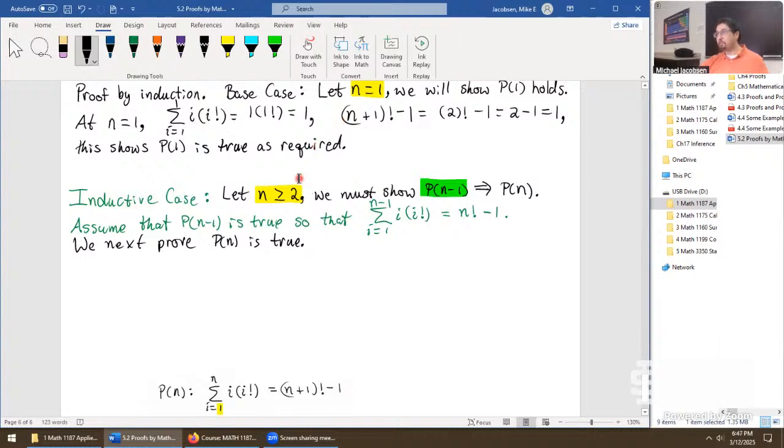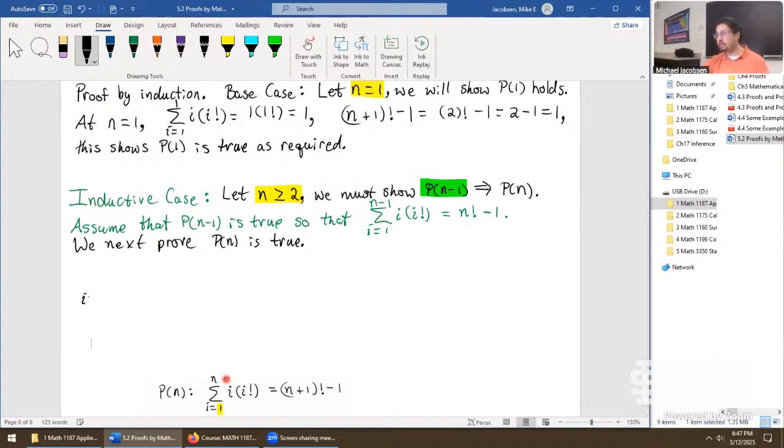The only difference is we don't know what n is, but we still start on the left-hand side this time. We're going to do a bunch of algebra until we get to the right-hand side. Much like what we did over here, we started on the left-hand side, cranked it out, and this is the difference. We are also able to put something in on the right-hand side as well. We can't do that any longer, but at least we have a direction. Start right here by the red dot.